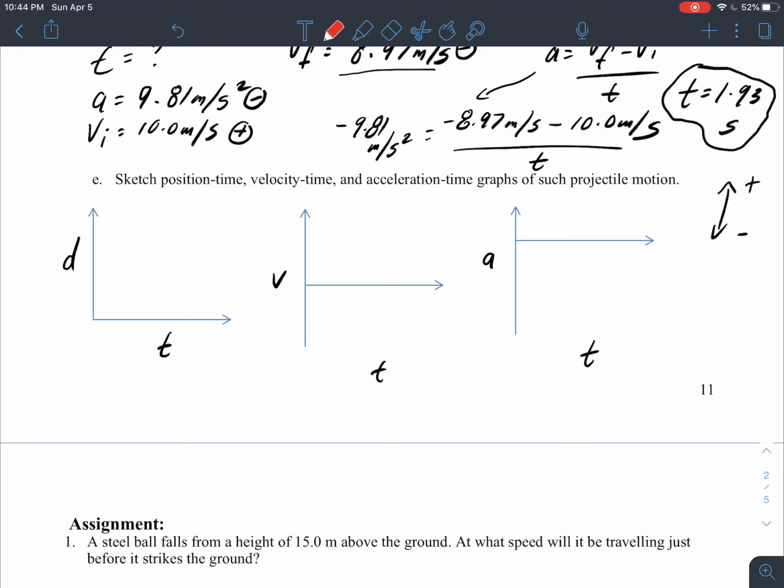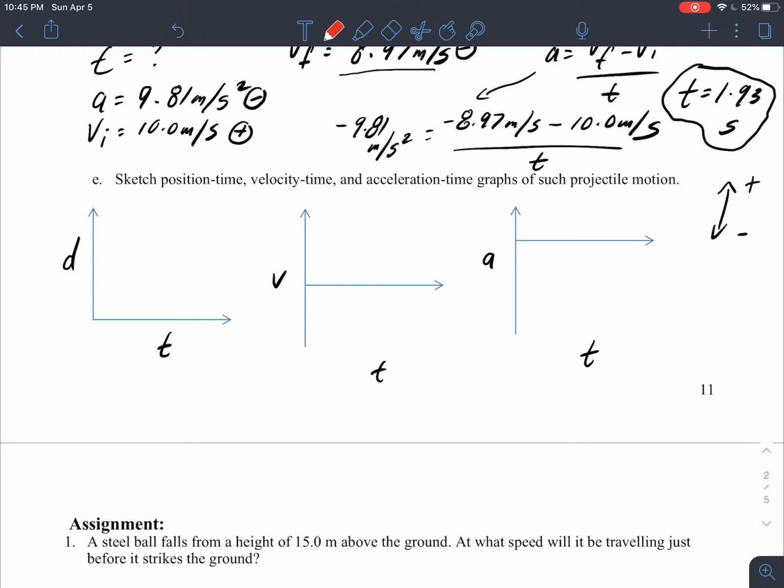So I'm going to start with the acceleration graph because I think this one is the easiest. We know that this object throughout its entire trip is going to be dealing with a constant acceleration, and this acceleration is acceleration due to gravity, which is 9.81 meters per second squared downwards.